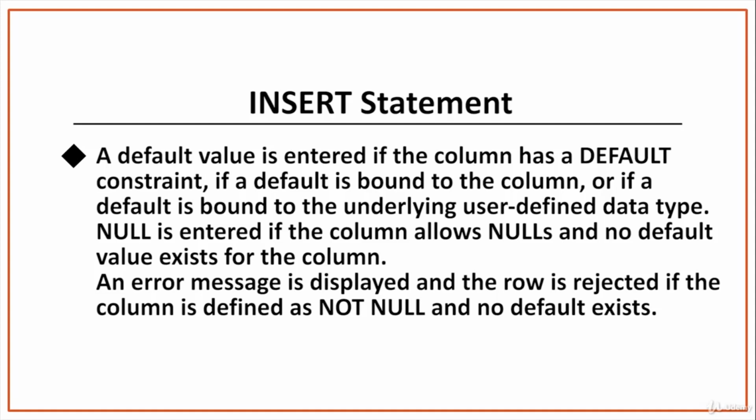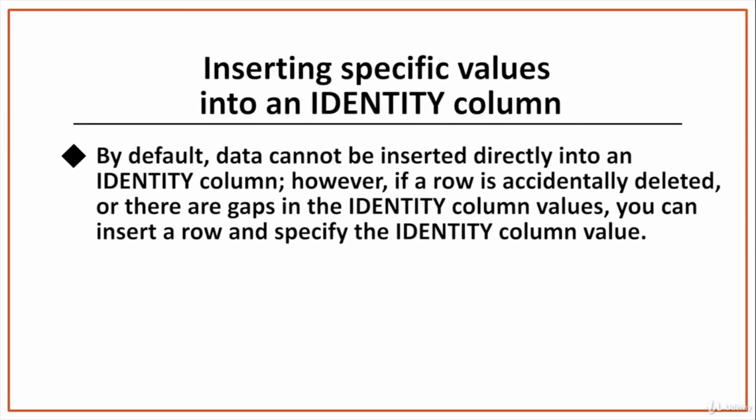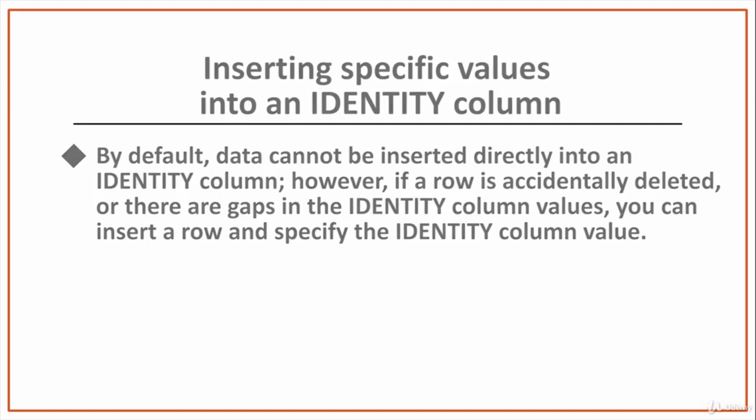An error message is displayed and the row is rejected if the column is defined as not null and no default exists. By default, data cannot be inserted directly into an identity column. However, if a row is accidentally deleted or there are gaps in the identity column values, you can insert a row and specify the identity column value.